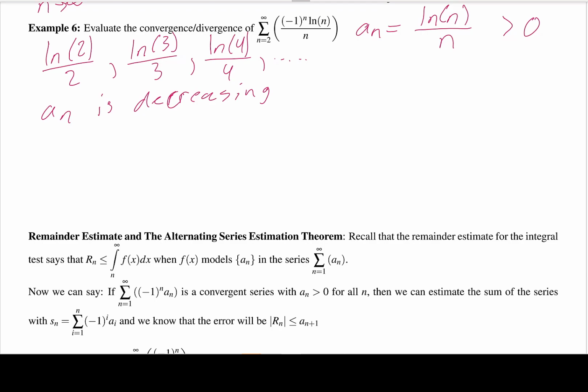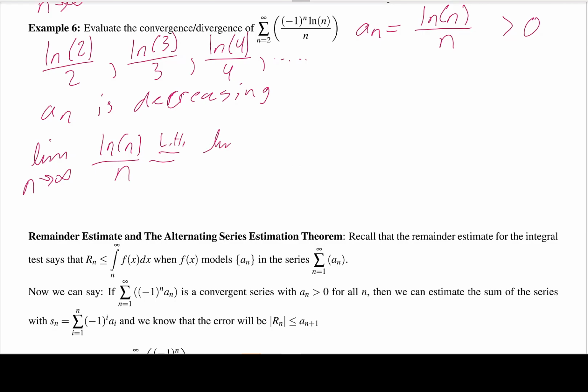Okay, now I want to look at our limit. So let's take the limit as n goes to infinity of ln of n over n. And so what I'll use here is L'Hospital's rule.